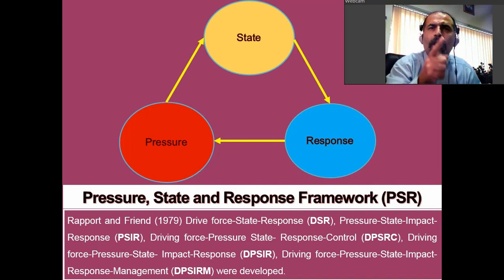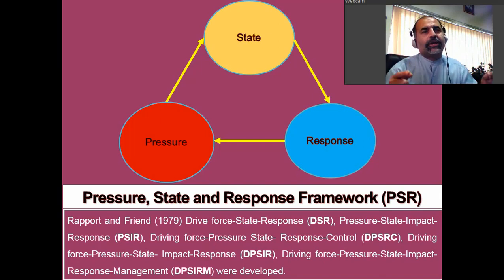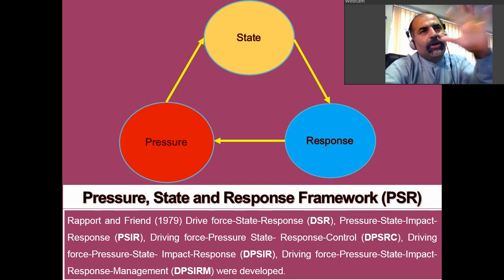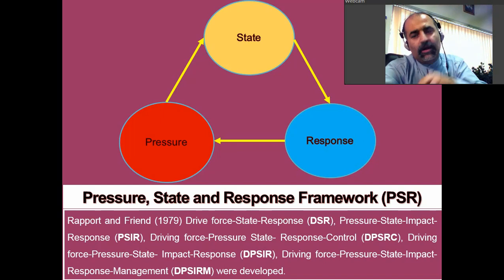But all of them are based on causality. So whenever we are talking about any of these models, we have to think about the pressure, state and response.